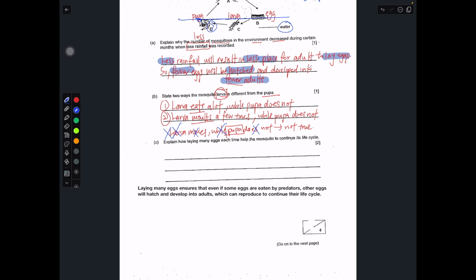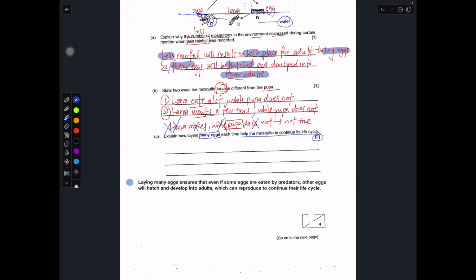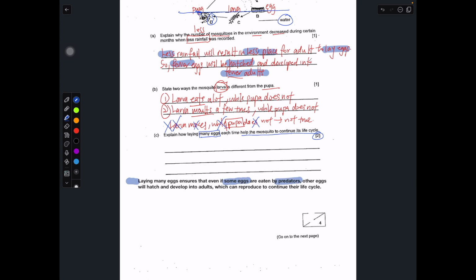Explain how laying many eggs each time helps the mosquito to continue its life cycle. This is a 2-mark question. There are actually quite a few things that you need to be able to write down or recognize. Laying many eggs will ensure that even if some of them are eaten by predators, and a predator is an organism that will feed on another animal as food, the other eggs will hatch and develop into adults.